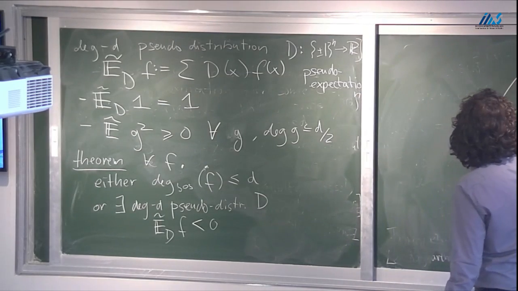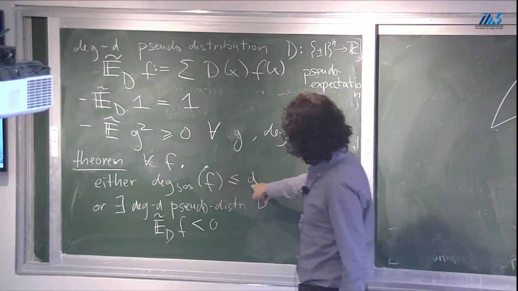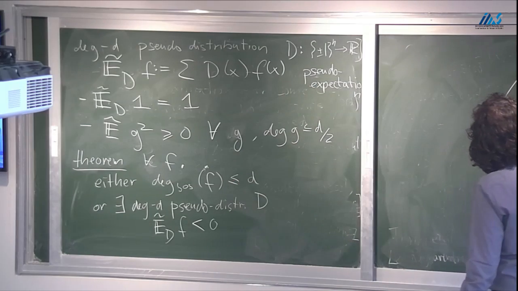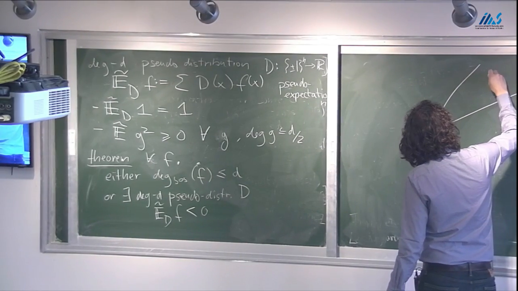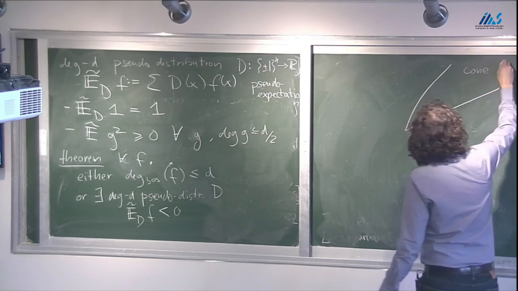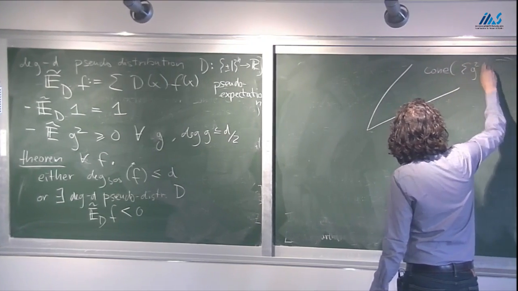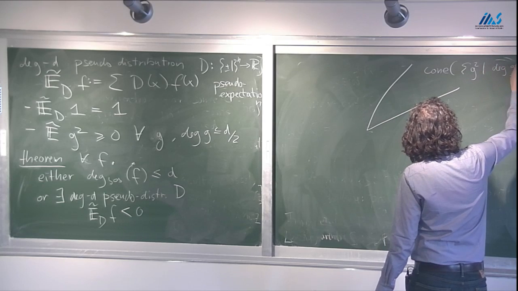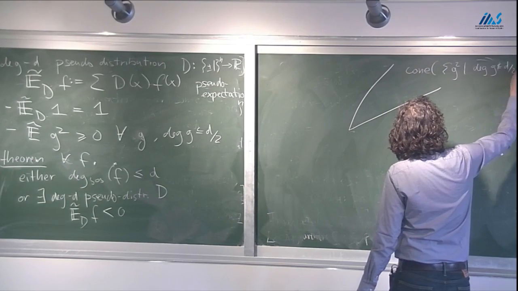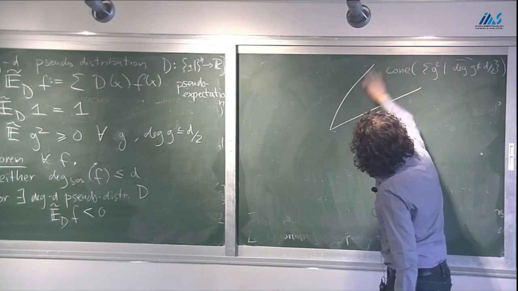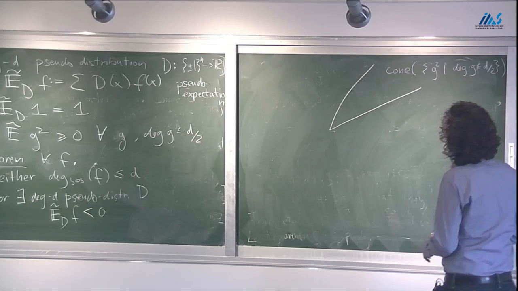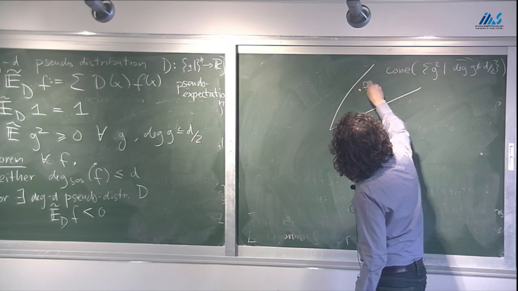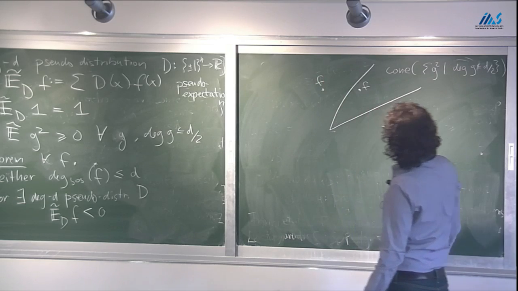So let's prove that. Let's look at the situation. What does it mean that f has sum of squares degree at most d? That would mean that you look at the cone generated by squares of functions with degree at most d over 2. You look at this cone and ask whether f is contained in here or f is outside of the cone.